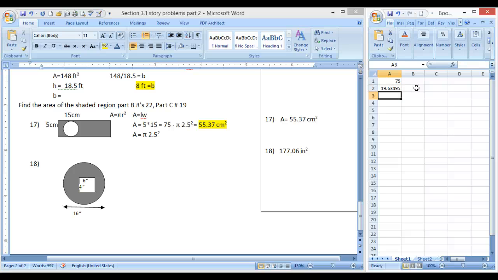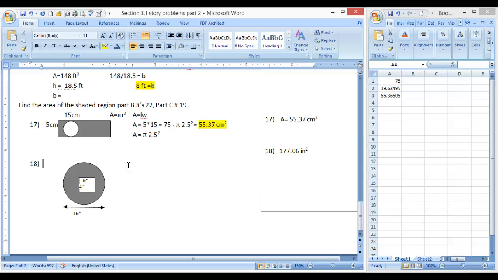And that gives me the area of the circle. Then the next step, I would do equals and cell reference the rectangle and subtract, cell reference the area for the circle, and there we go. So you have lots of different ways to do your calculations, and that's our answer.